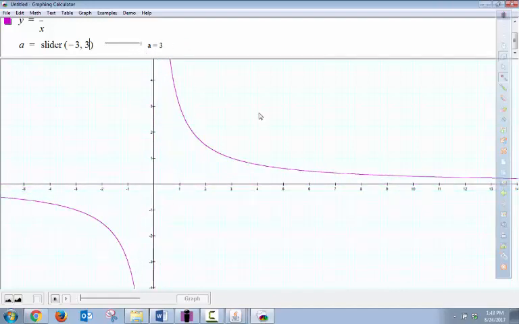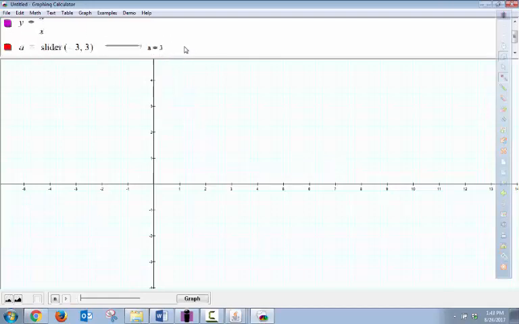So my family of curves involves all four quadrants. And if I were to just copy and paste a whole bunch of these so we can see all of them at the same time, you can see the whole family.